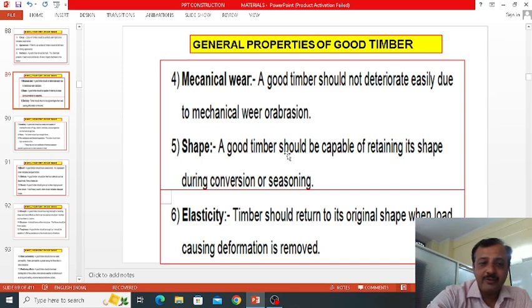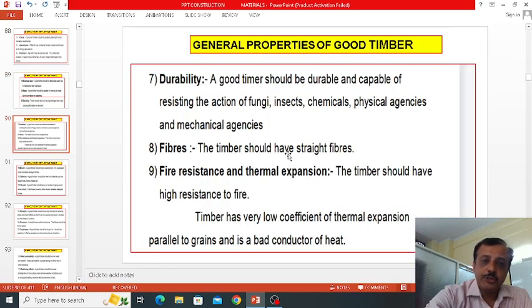It should not deform. Elasticity. The timber should be elastic in nature. When load is applied on it, it will get deformed. When load is removed, it should come back to the same position. Next is durability. The timber should be durable and capable of resisting the action of fungi, insects, chemicals, etc. Fibers should be straight.